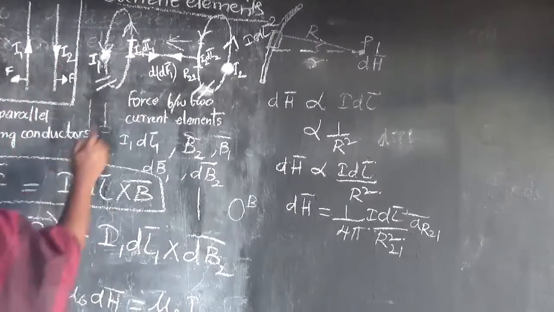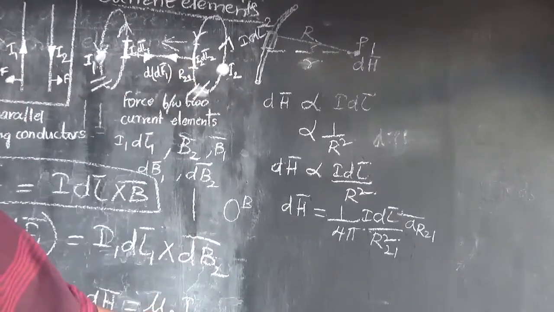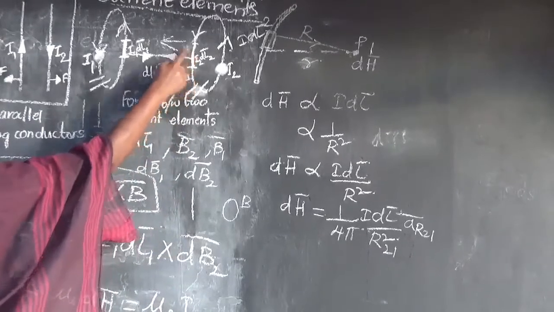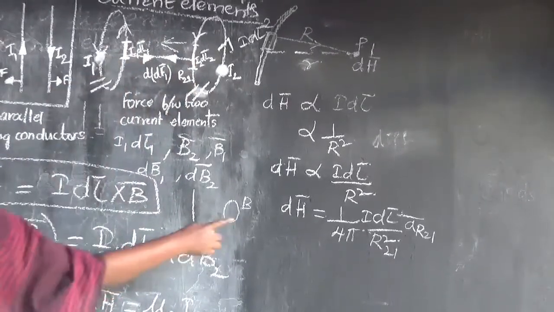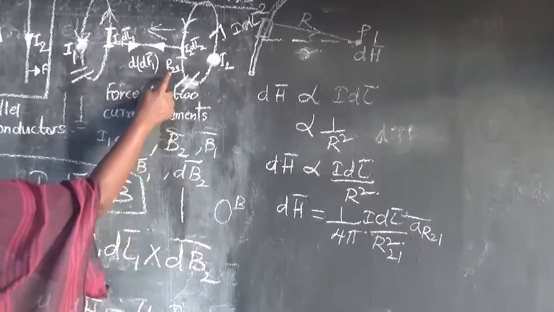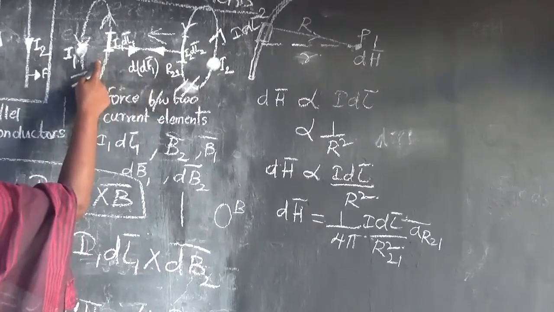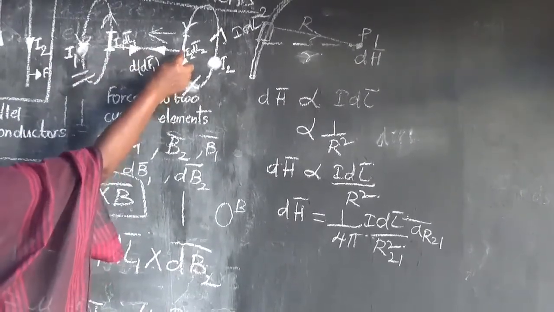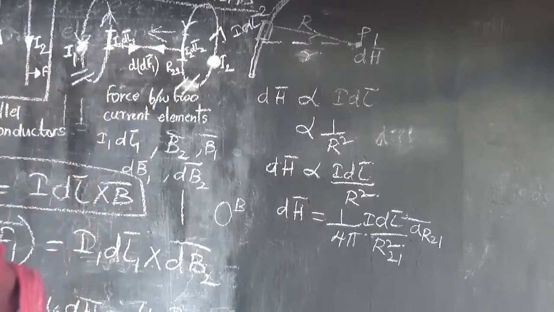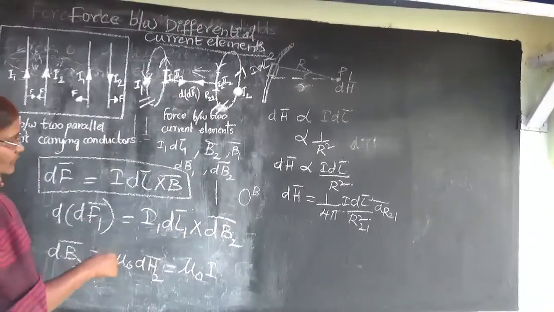So my unit vector is from this point to this point. So my unit vector is from 2 to 1. The distance is from this second point to the first point, so keep that in mind.